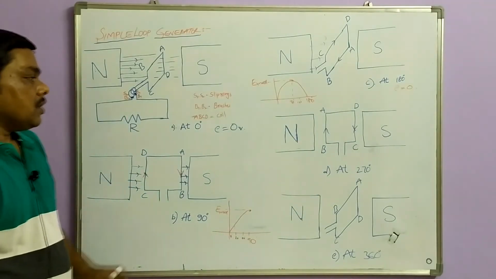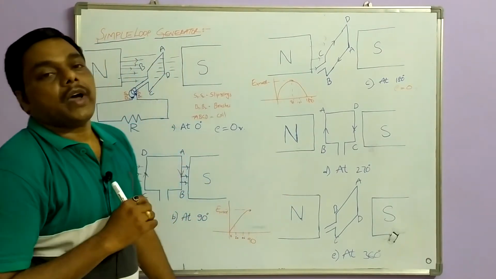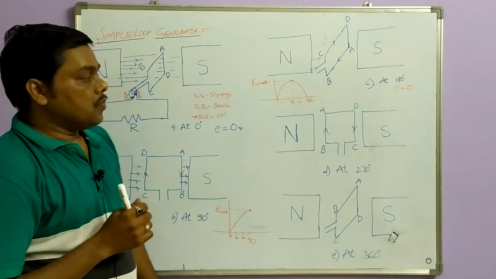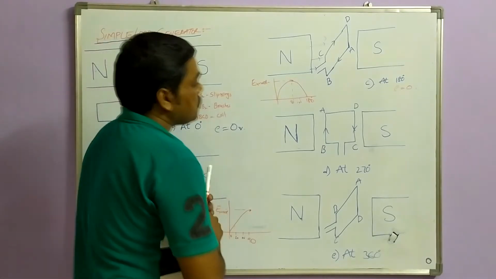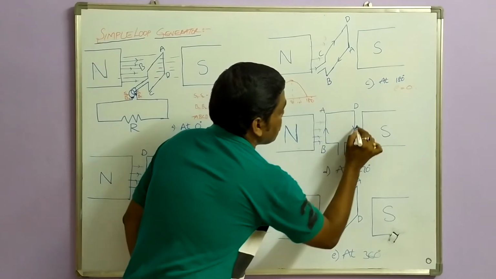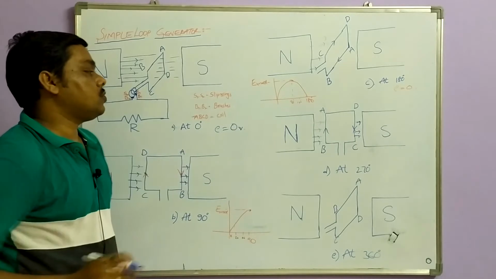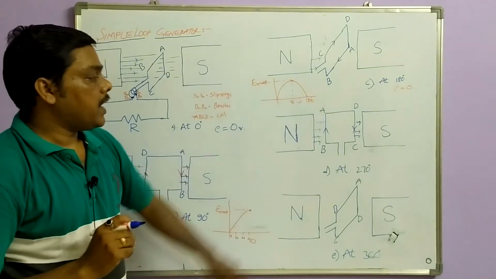Now you see what is the direction of current as per Fleming's right hand rule. And again you place your flux towards this direction, going from north pole to south pole.